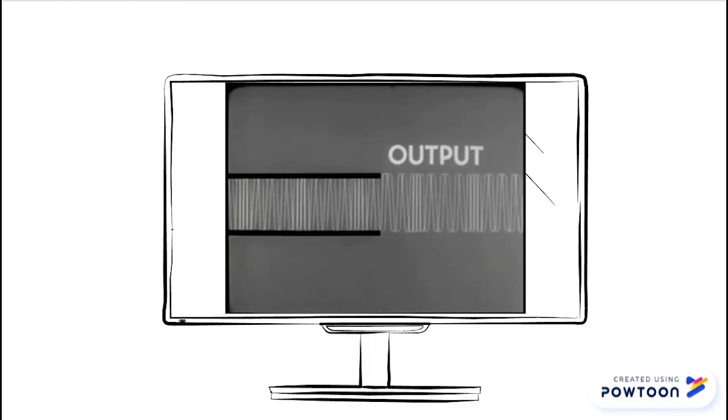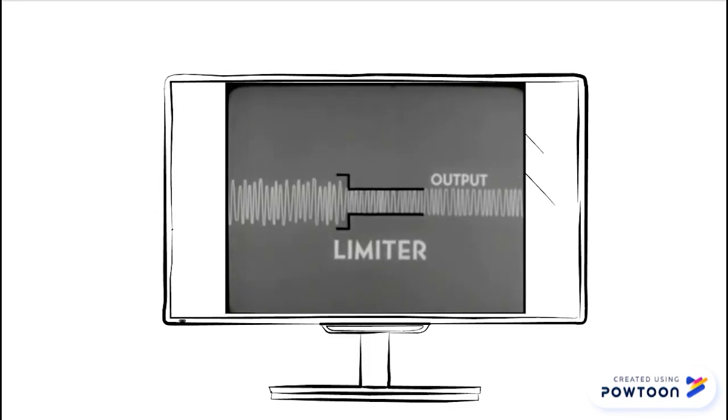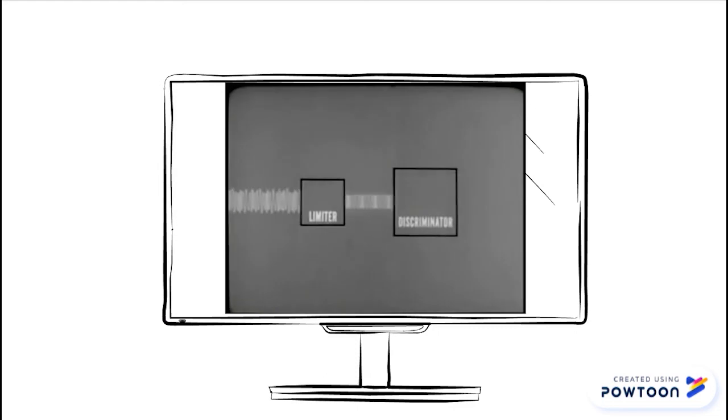Its output is a wave that still carries the intelligence in the form of frequency variations, but it no longer includes the extremes of amplitude that carried any interference picked up during transmission. The next step is to extract the intelligence, to change the frequency variations back into audio frequency voltage variations, which we can then amplify and feed to a speaker.